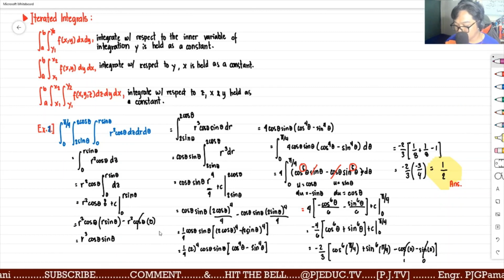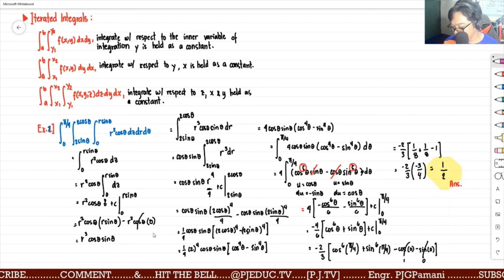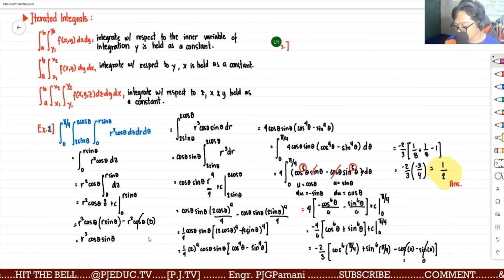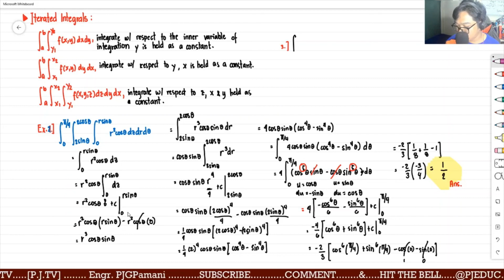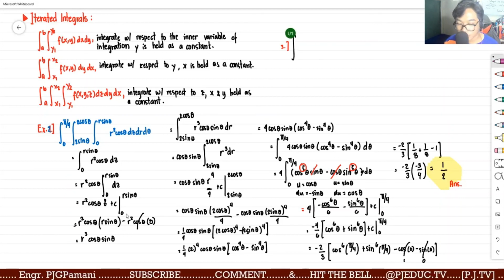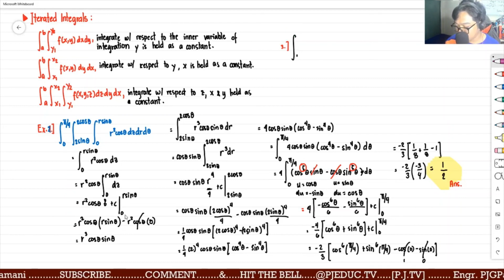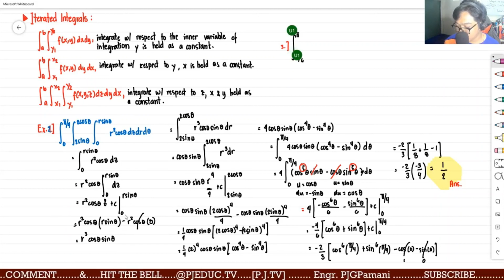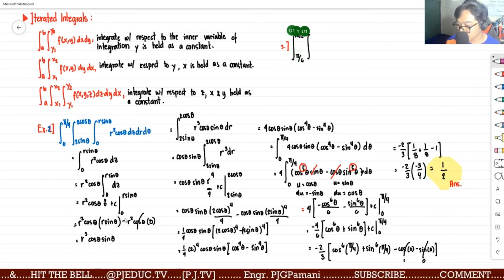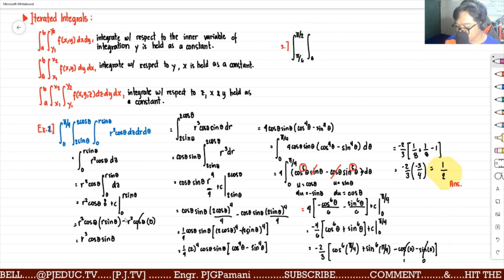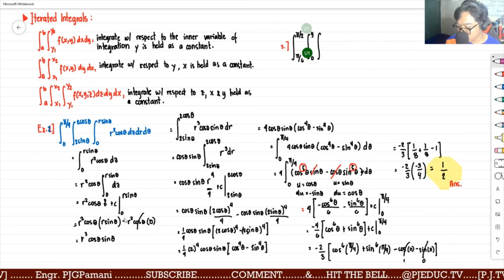So for your exercise problem, try to solve this one. Number 3. Try to solve on your own. Evaluate the given triple integration problem. The first integration is pi over 6 to pi over 2, and with respect to integration of 0 to y, and with respect to integration of y to pi minus y.